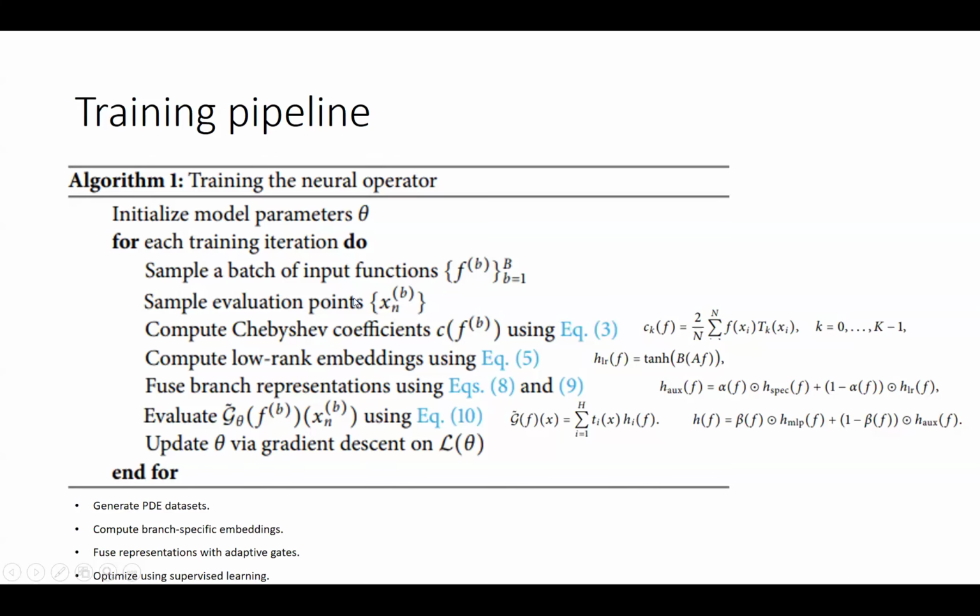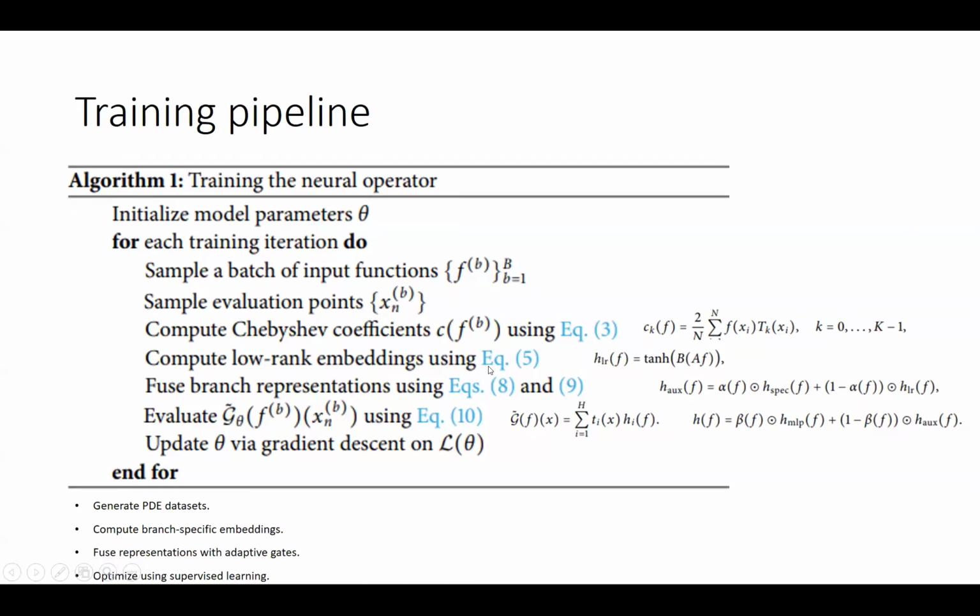We also sample the corresponding set of continuous latent points. Then we compute Chebyshev coefficients via our formula, and after that we compute low-rank embeddings.